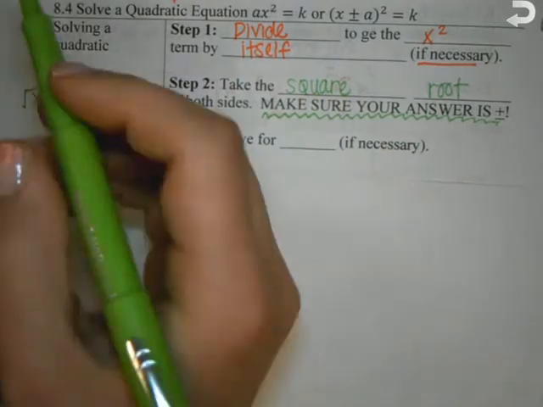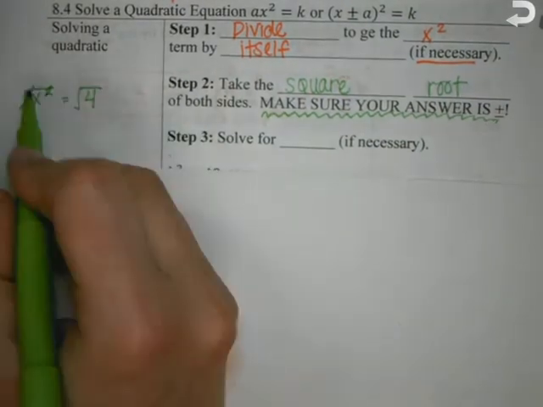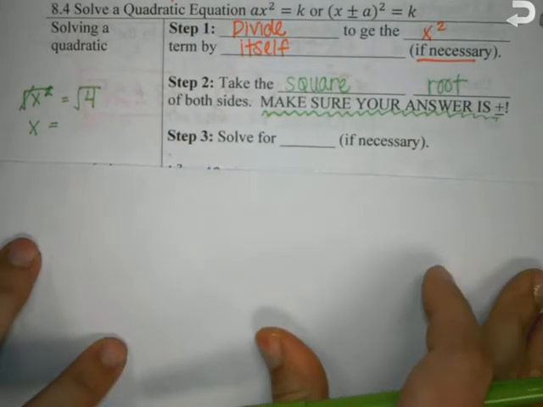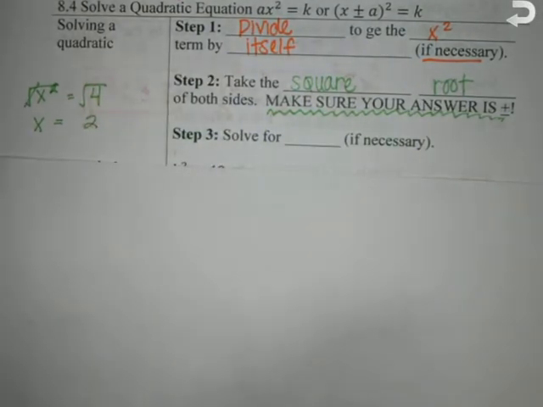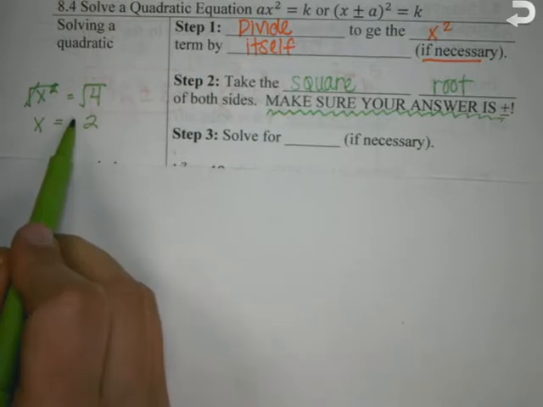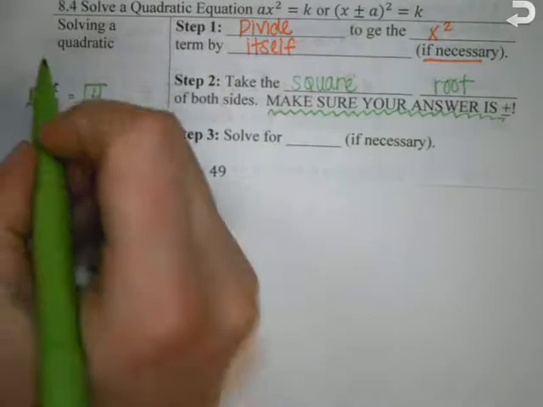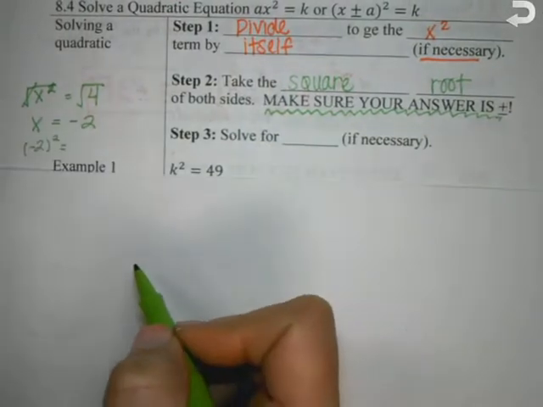That squared and that square root cancel each other out. So I get x equals what? What's the square root of 4? 2. Could the answer be negative 2? If I plug negative 2 back in, what's negative 2 squared? Positive 4. What's positive 2 squared?